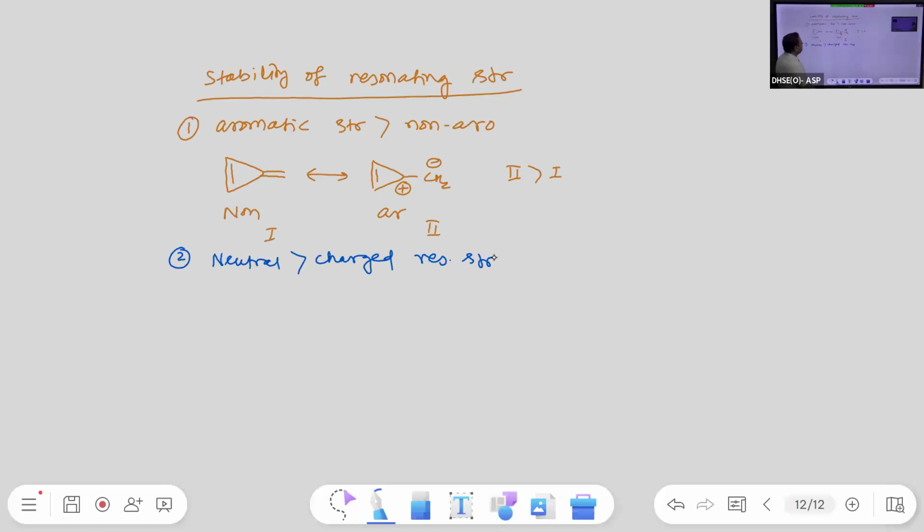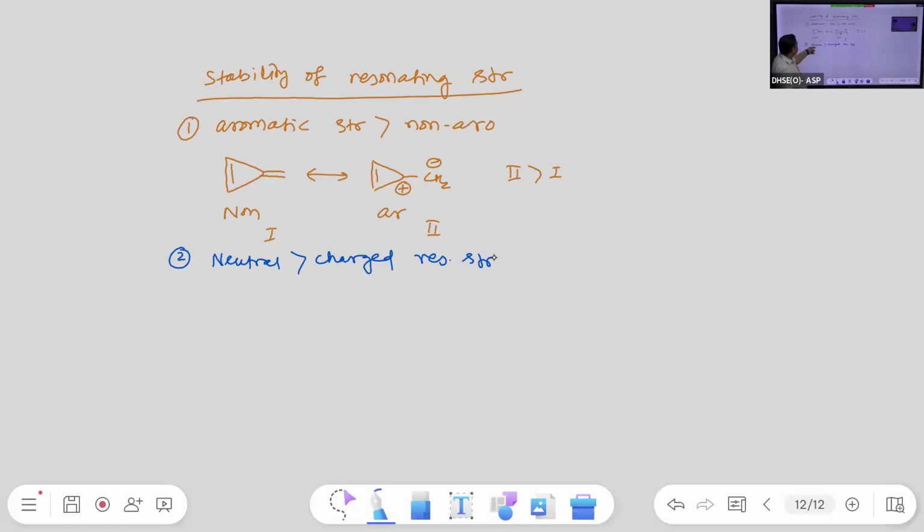That means we have to see the first rule. If the first rule can decide the order, then we need not go to the second rule.